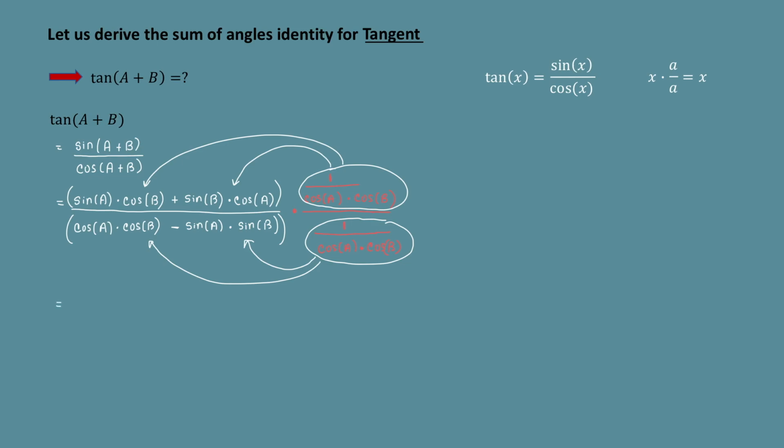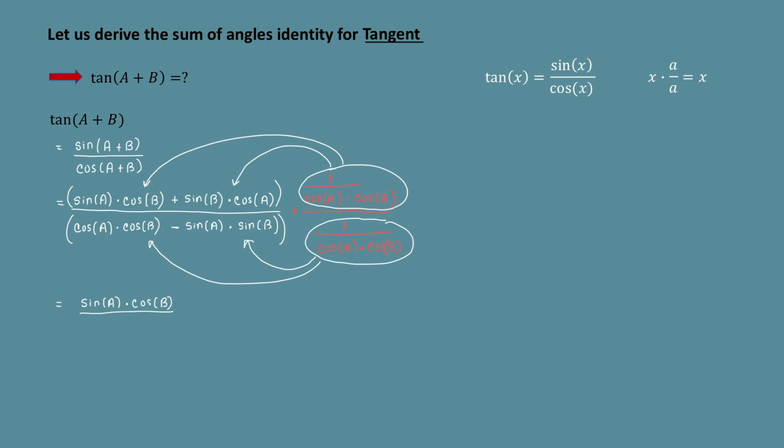Look at this. We're going to have sine A times cosine B. This is precisely this term right here. But when you multiply it by this fraction, sine A cosine B will go in the numerator and this will remain in the denominator. So this is what we're going to have.